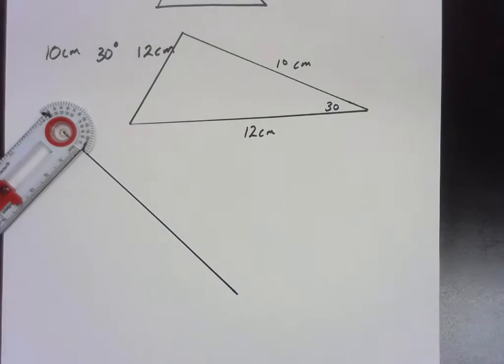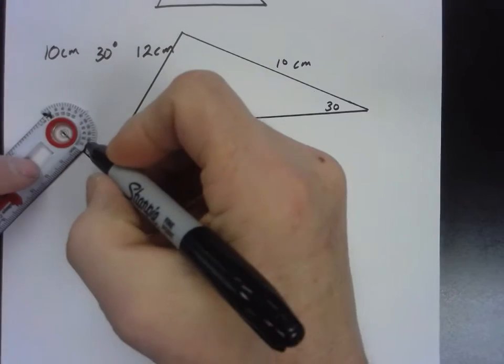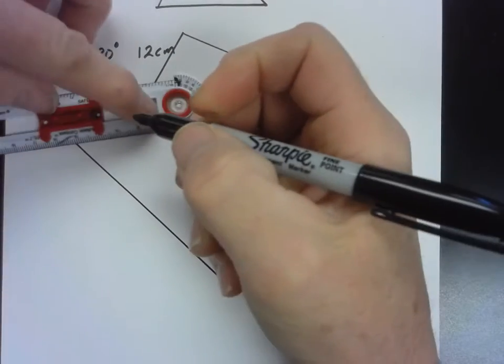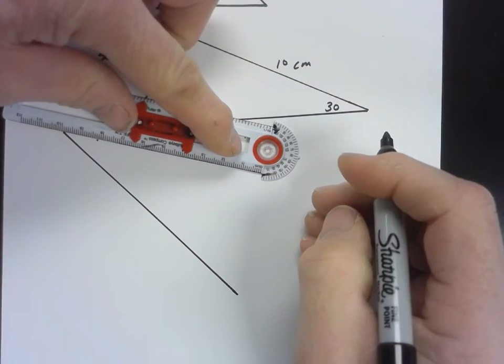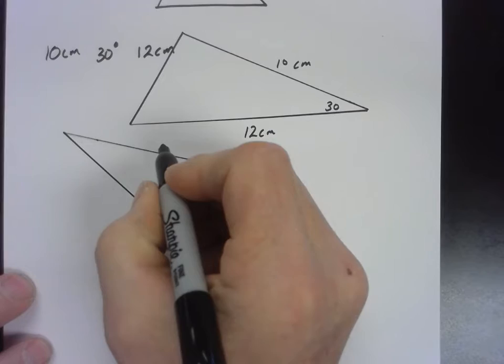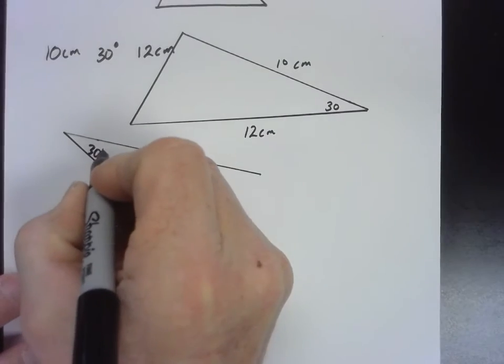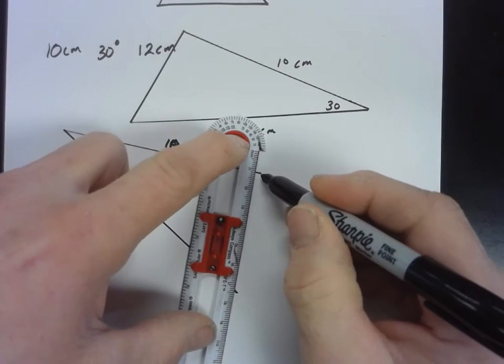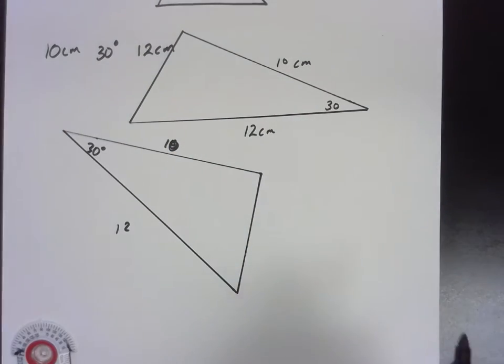I gotta leave my glasses on, I'm getting old. Let's see, right here, and then I draw a 10 centimeter side. So this is 12, and this one's 10, and this is 30 degrees. Do I end up with a different triangle? A different shape or anything? No. I end up with a congruent triangle.